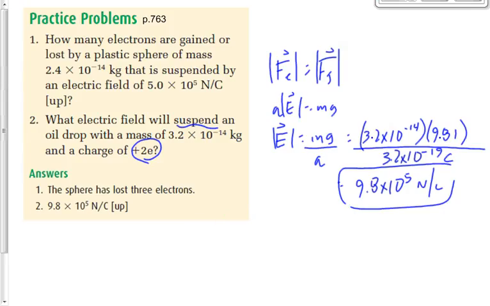We say that it's a positively charged particle. And a positively charged particle must experience gravity force down and the electric force up. If it's going to be suspended, those two forces have to balance. If it's a positive particle and it experiences a force upwards, then what direction does the field have to be?